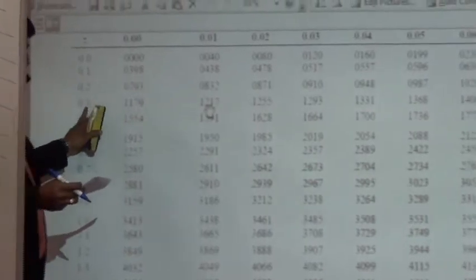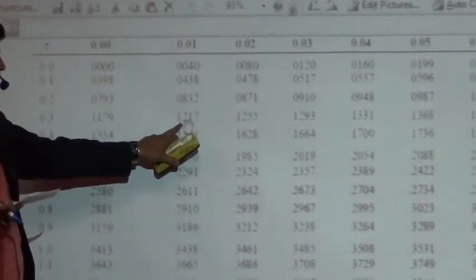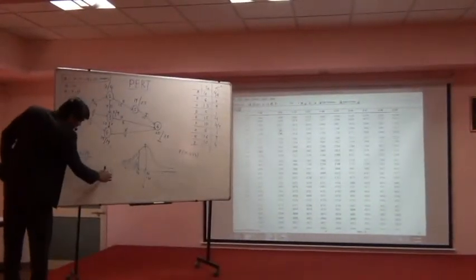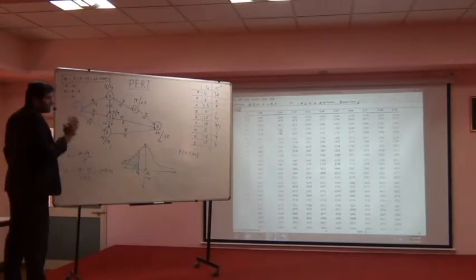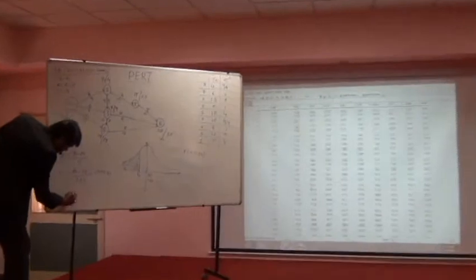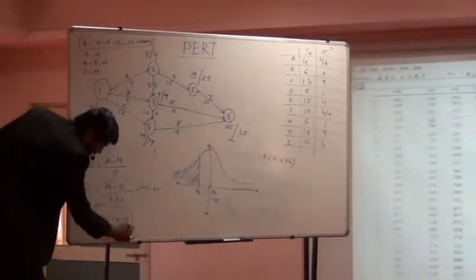If we look at 0.3 and 1, that area is over here, that is 0.1217. You can search it in the table. It is given in all the books of statistics. So the area covered at 0.31 is 0.1217.